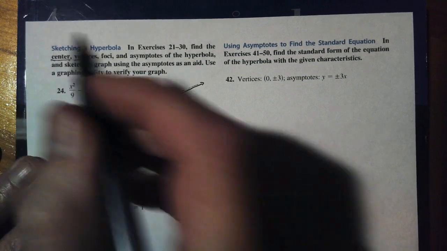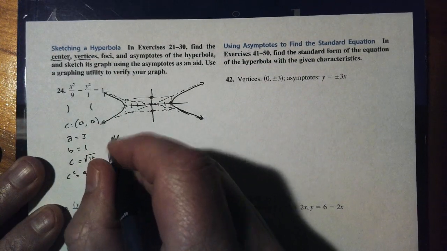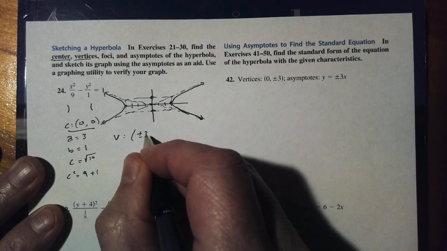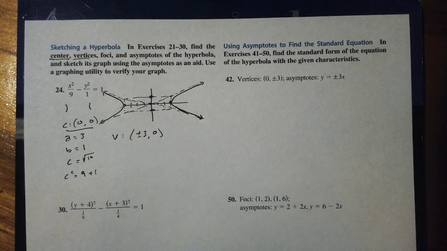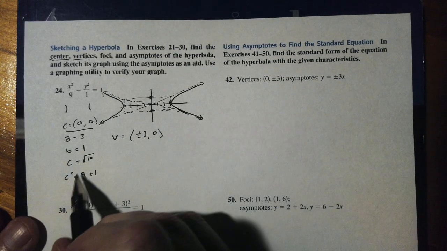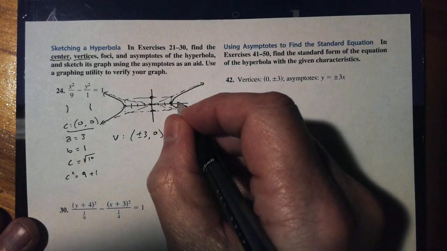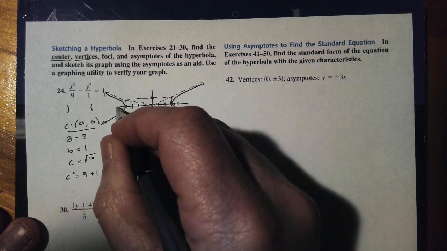We've got vertices so far, so let's check them off. We've got the center. Our vertices are to the right 3, to the left 3. So that's plus or minus 3. They're up 0. Our foci are right and left square root of 10. So square root of 10 is just a little bit more than 3.